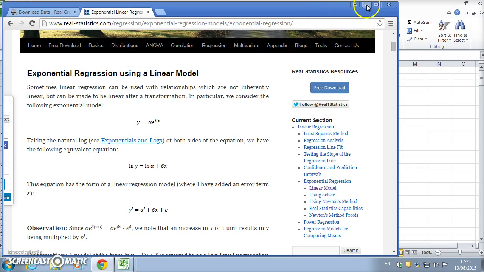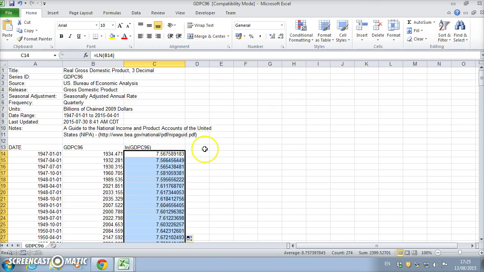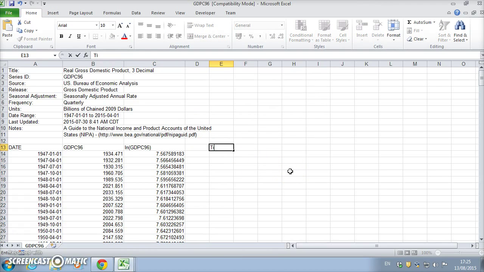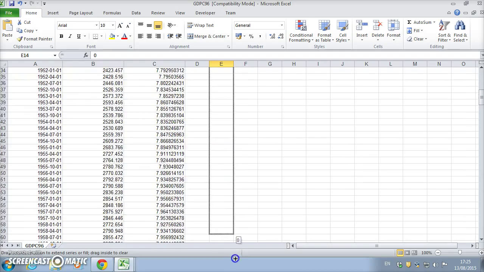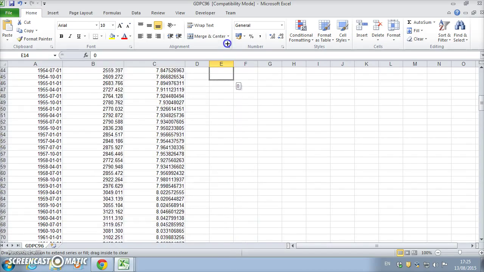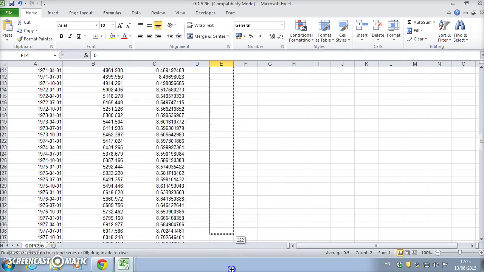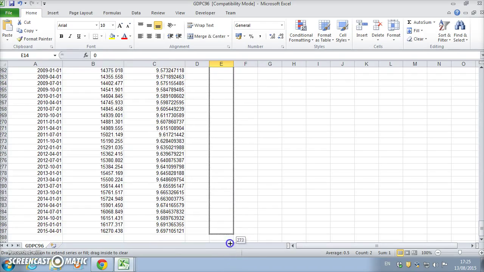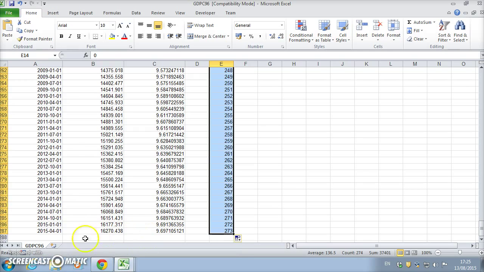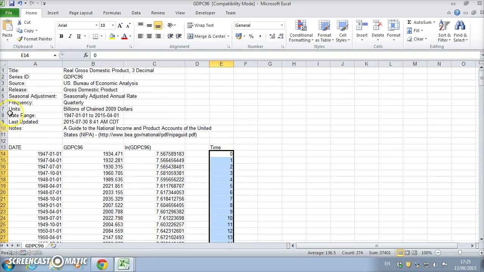So let's take time, and let's take the first observation as 0 and pull down. We could think of this as quarters. It should be 0, 1, and then drag down. And we should have 287 minus 1, or 273, because the first couple of cells here, 12 or so, are not counted.